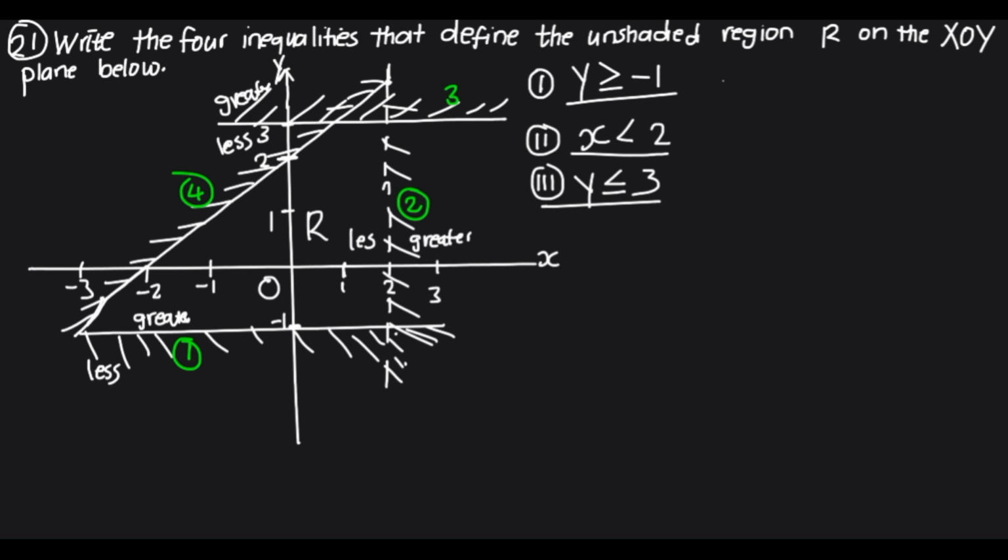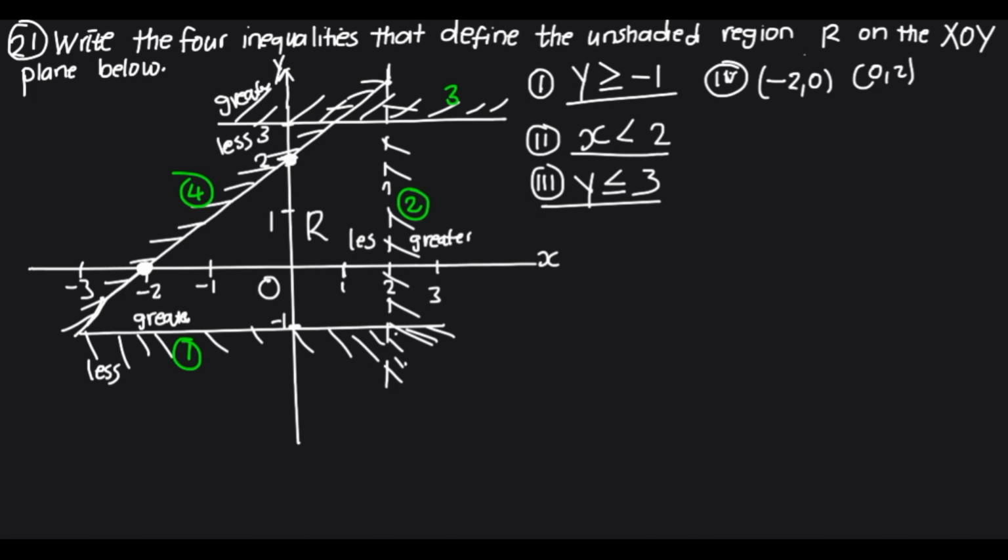Now for the last one, we can see that it is cutting on two axes, the x and the y axis. So let's find the coordinates. Here, this is -2, 0. Then the other one here, this is 0, 2. So on the x-axis it is -2, 0, while on the y-axis it is 0, 2.